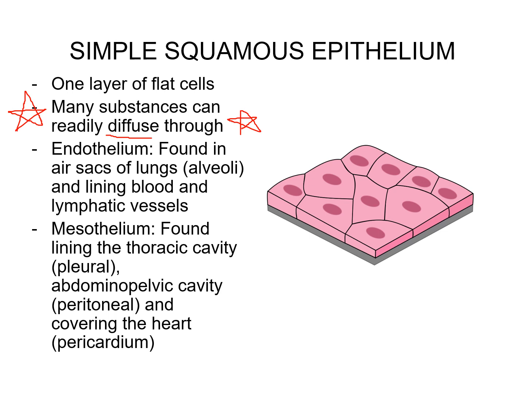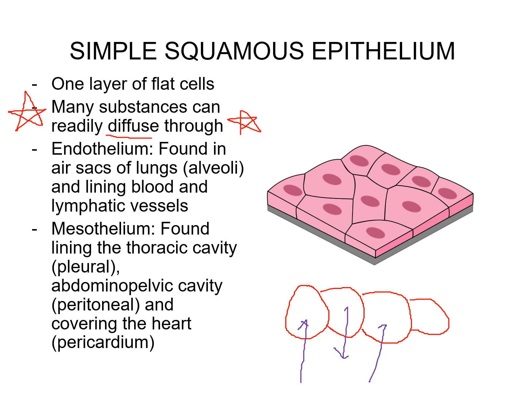And we use this as an example: the air sacs of your lungs is just a really easy example to talk about. If we have a whole bunch of air sacs that are made up of these very skinny one-row pancake cells, what that means is oxygen and carbon dioxide can move in very, very easily because all they have to do is sneak through that one tiny layer of microscopic cells. So it's no big deal.